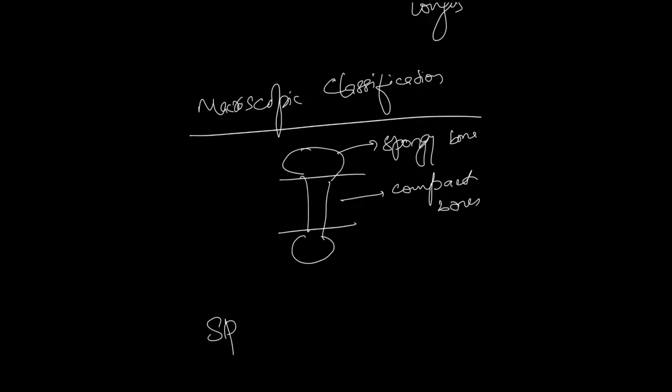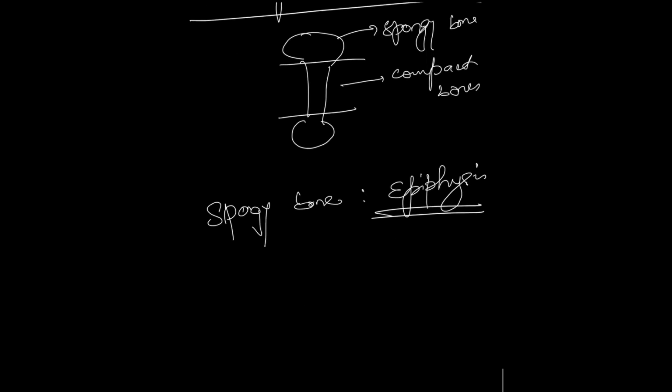Initially, I told you this upper part is called epiphysis. Means epiphysis is formed of spongy bone. Okay. Next, compact bone. It is present in diaphysis. Okay.